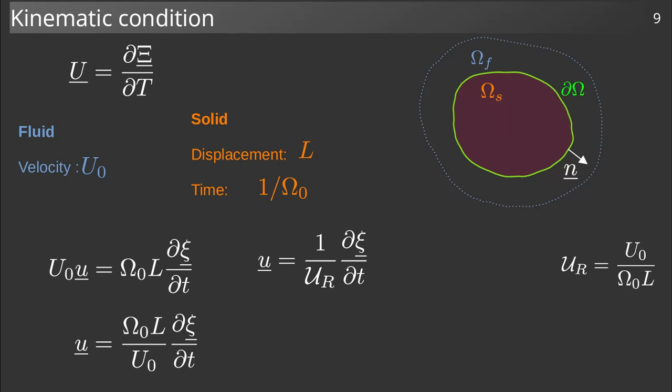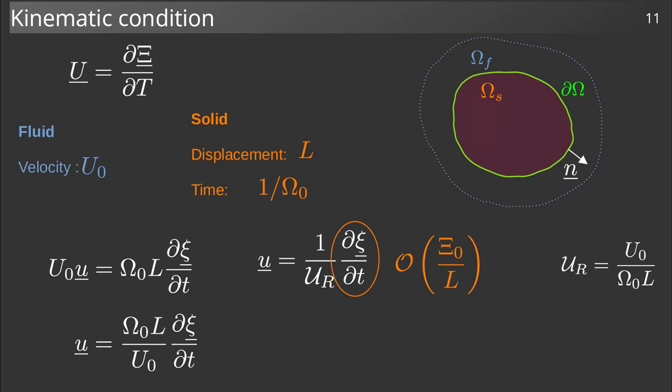Before analyzing the meaning of this dimensionless boundary condition, it should be noted that the length L that we use to scale the displacement psi is not equal to the order of magnitude of the displacement. It is xi naught. Thus, dxi on dt is not of order 1.